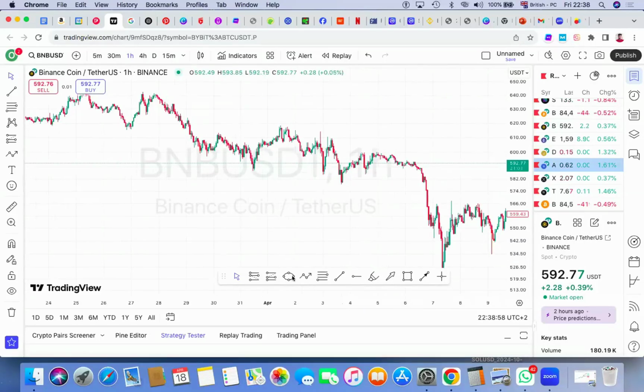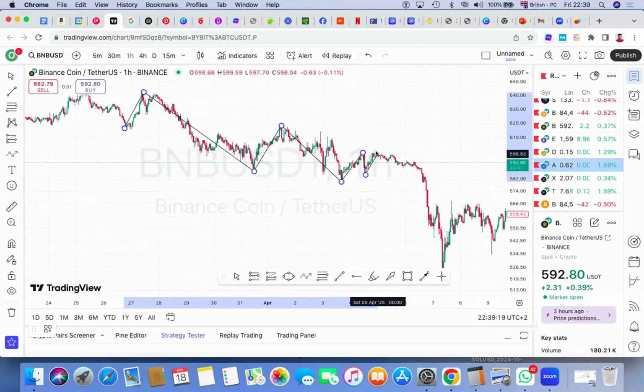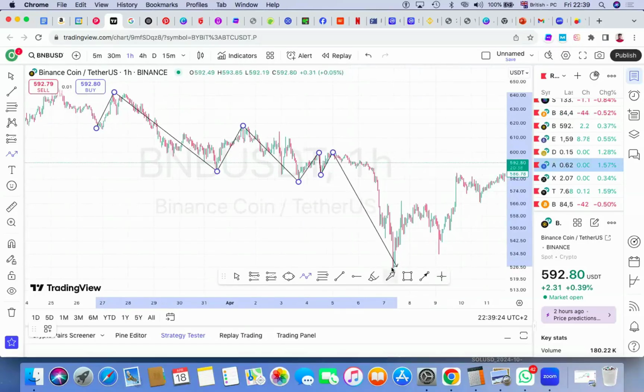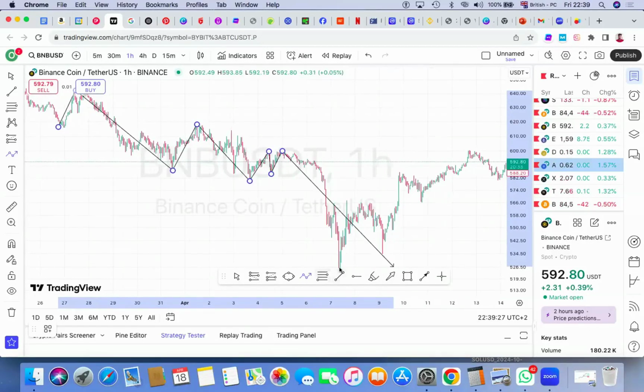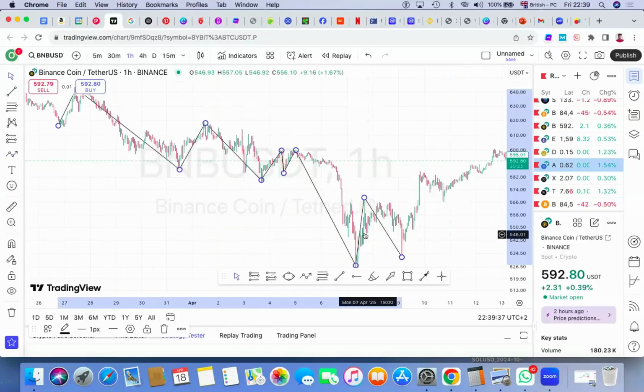So let's choose our path. Okay, from here we have the market pointing to the downside, creating this high, creating this low, and then a little high here. And then we have this, we have this. Even if it's not really the perfect example, yeah, it's a downtrend scenario.